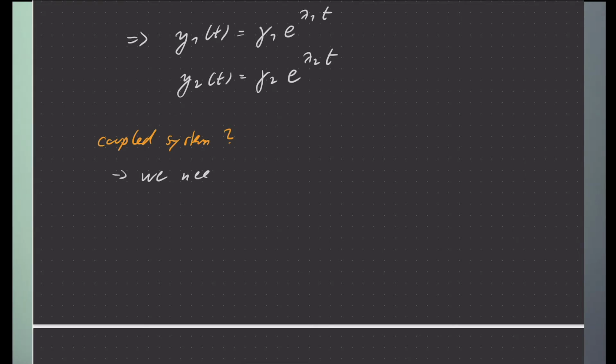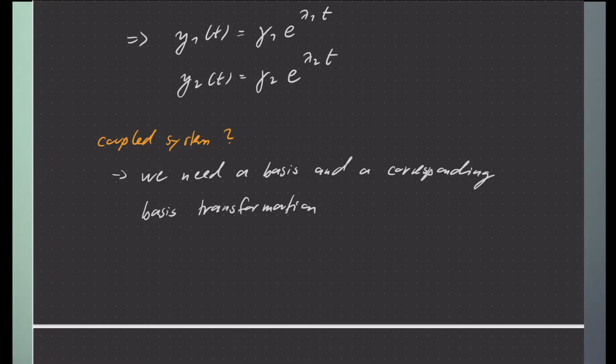So what do we need? Well, we need a basis and a corresponding basis transformation. We call that S, the transformation matrix. That's a square n by n matrix, and it's invertible because it's a basis transformation.